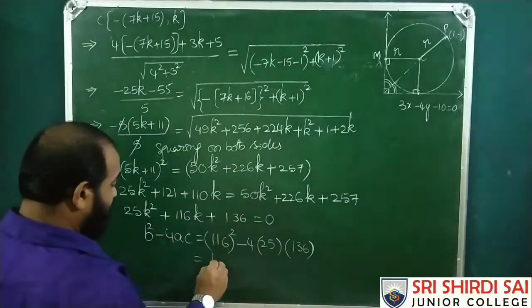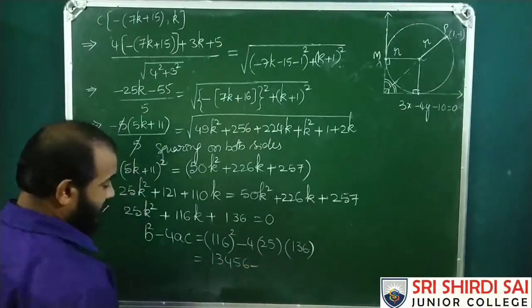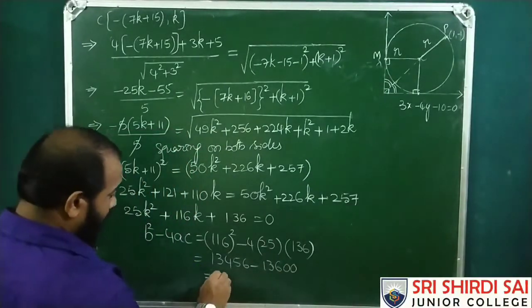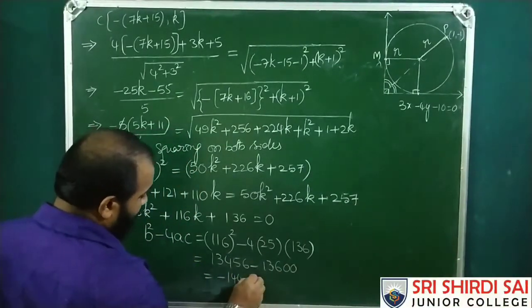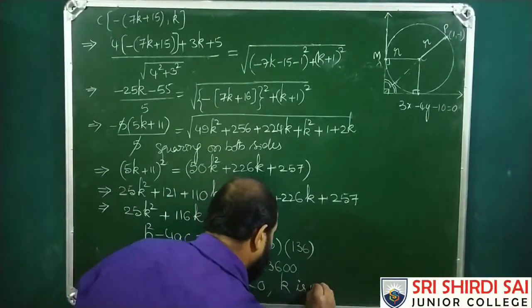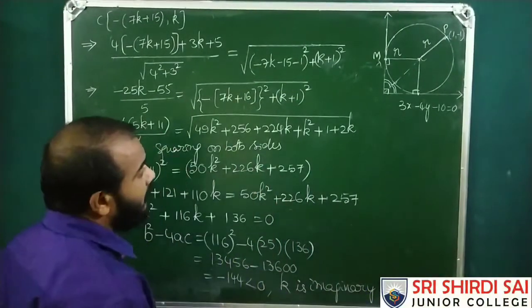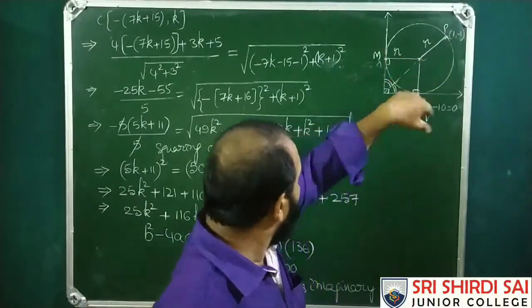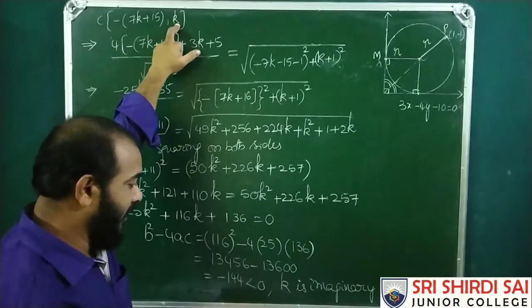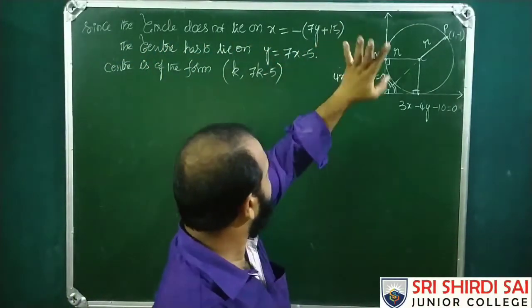So 116 whole square is 13456 minus 13600, which is equal to minus 144, which is less than 0. Therefore k is imaginary. That means the center does not lie on x is equal to minus 7y plus 15.